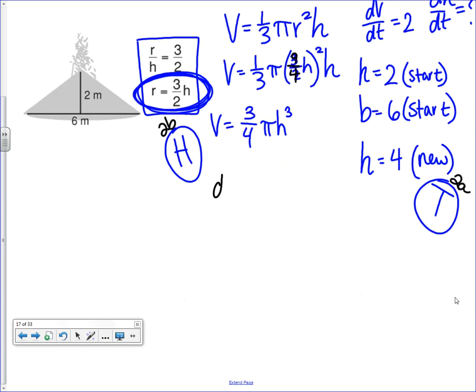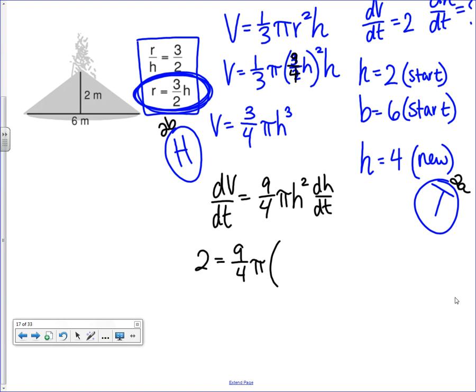And now I'm ready to derive this. So I get dV dt is equal to 9 over 4 pi h squared dH dt. And now we'll go ahead and plug everything in. dV dt was 2. 9 over 4 pi, my h is going to be 2, and I'm trying to find dH dt.